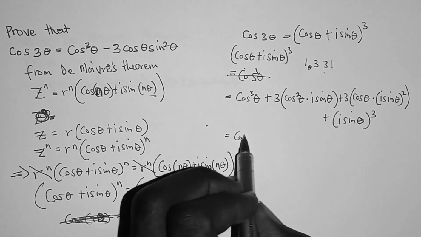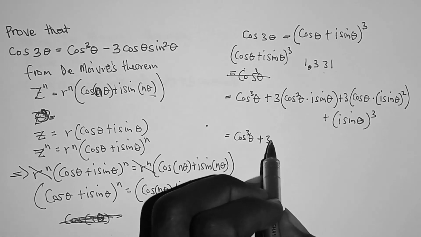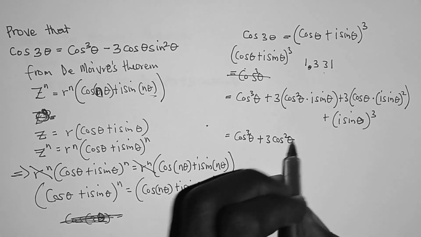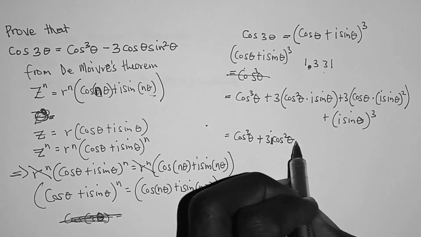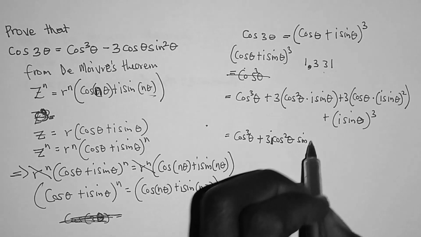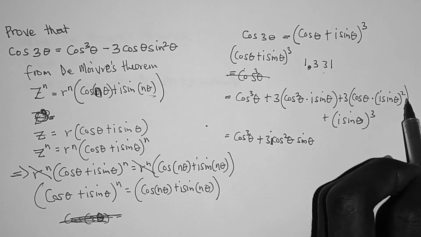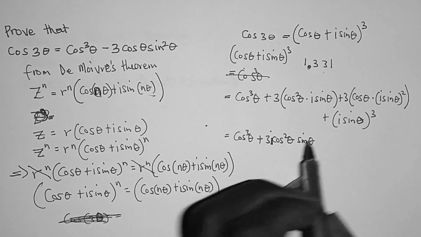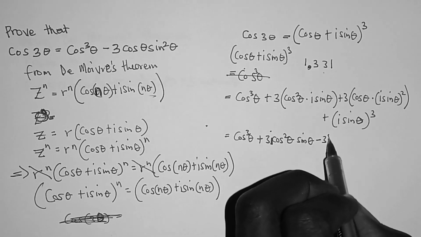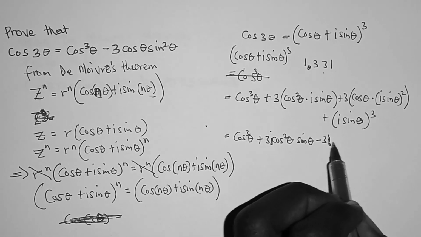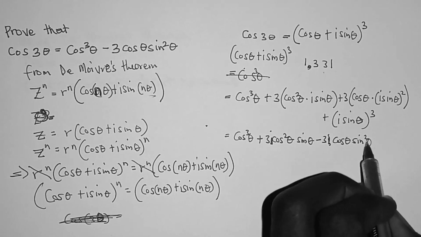This is equal to cos cubed theta, then plus 3i cos squared theta sine theta, because there's an i here. Then you can see that here's i squared. i squared is minus 1, so it's going to give us minus 3 cos theta sine squared theta.